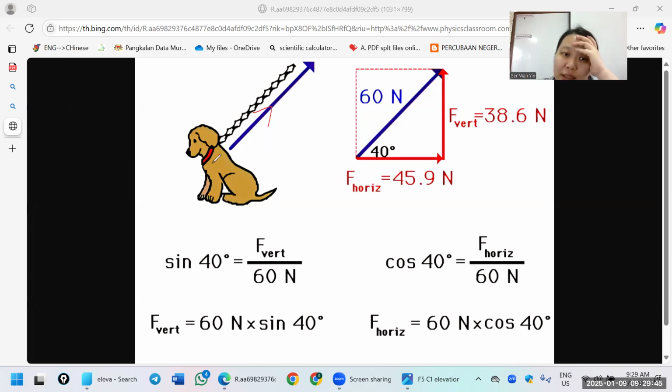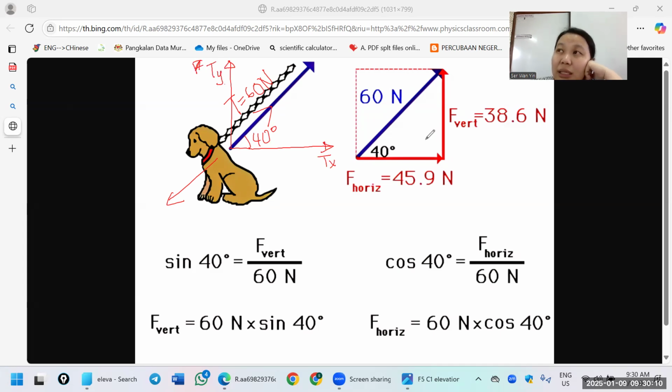So actually he pulls here, then the string pulls here. So the string or the chain, we call it tension. Tension 60 Newton. Then we draw our horizontal line. So here is 40. And also this one would be Tx, this one would be Ty.